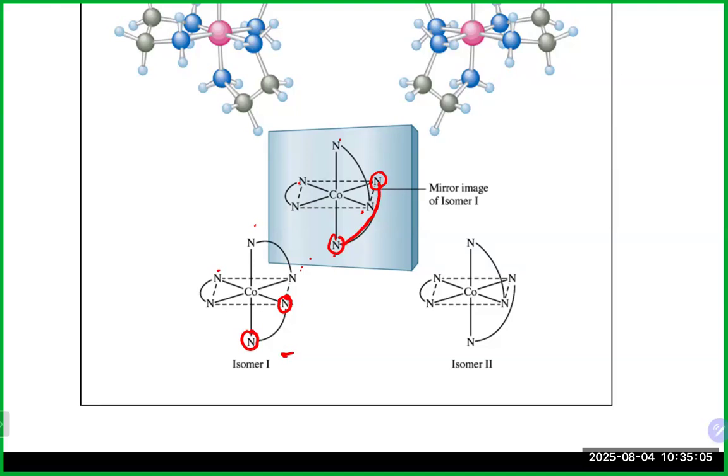So when you pull out that mirror image, you end up with this bond in a different location than the bond that was originally there. If you try to take that isomer 2 and rotate it, there's always going to be something that doesn't fit perfectly, because when this got reflected, this guy took its bond back to the back of the mirror, and something's always going to be off.